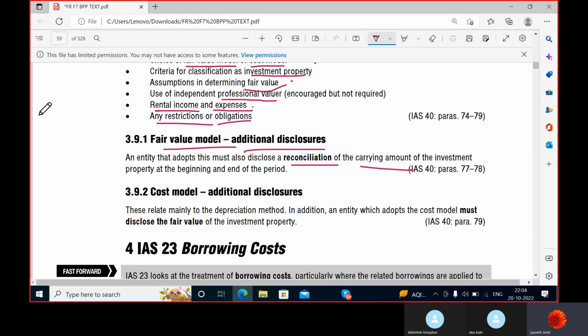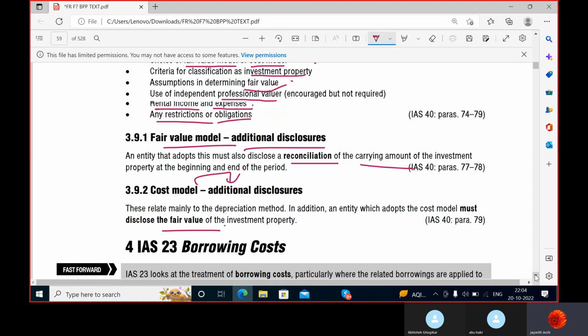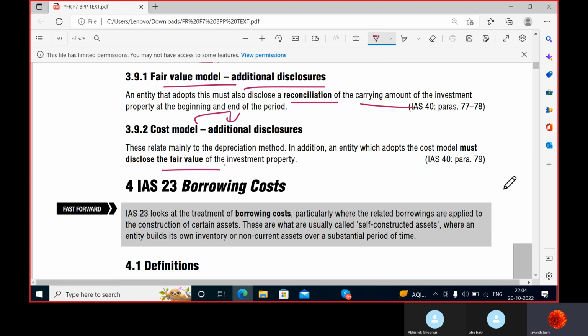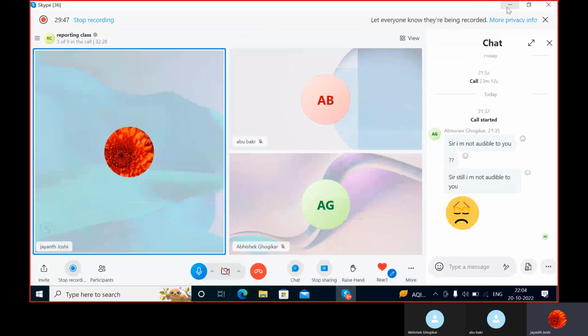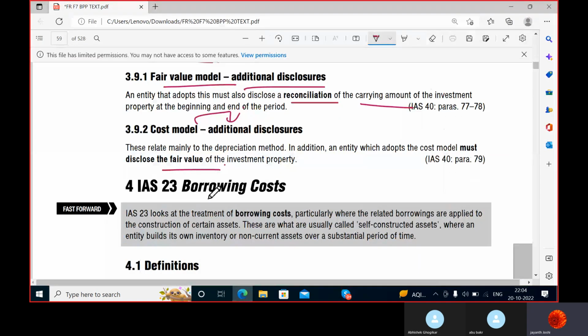So you have to show that carrying amount reconciliation, that means today what is the carrying amount and previously what was that, and how you reduced the property's value every year from its cost. And also for the cost model, additional disclosures: you should also show the fair value of that property in the disclosure column. So this is what we have discussed about investment property. Now let's understand about borrowing cost.